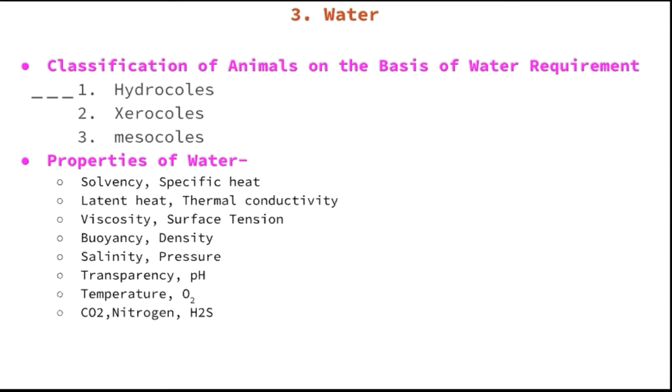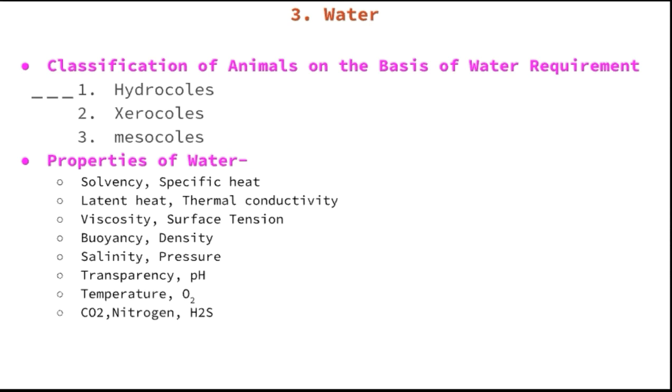That particular property is called latent heat. Water has a high latent heat. As a result, large quantities of heat energy must be removed before water can change from the liquid state to the solid state.